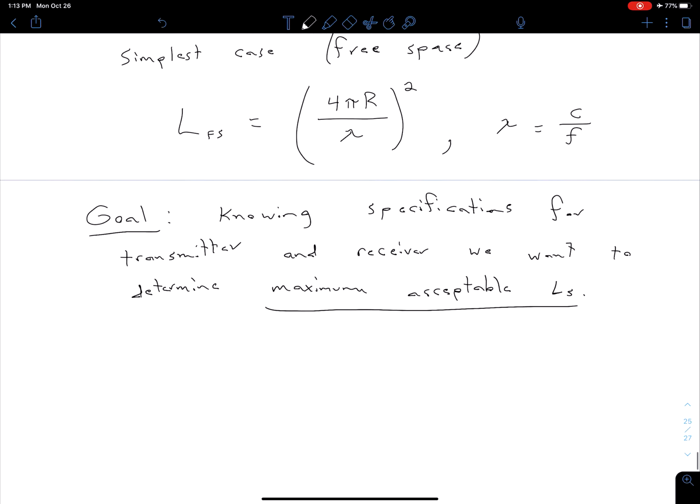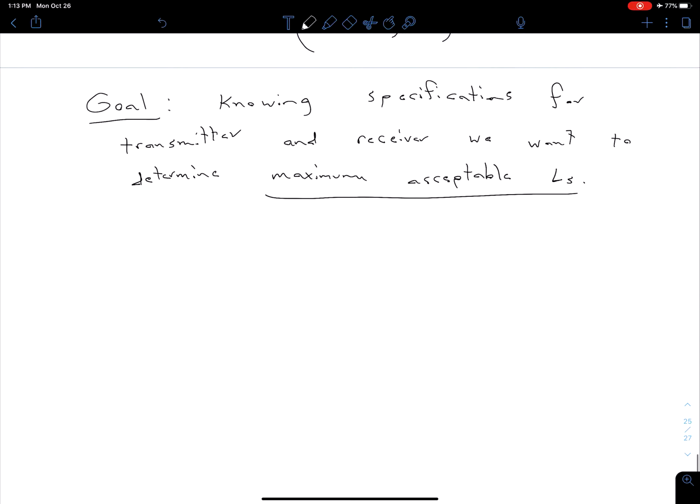Okay, so the last thing we're going to do in this video is present some known information about our system. Let's start with our transmitter side. For our transmitter, we're told that the power is equal to 250 milliwatts.